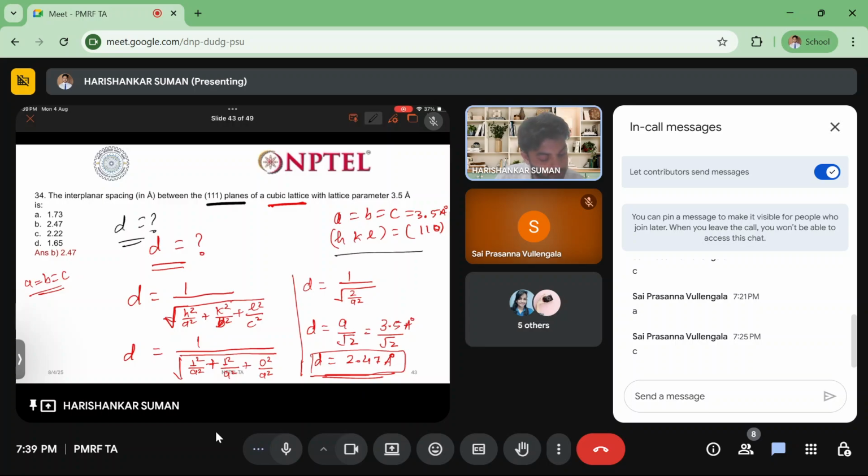You can use this relation: 1 upon d squared equals (h square plus k square plus l square) upon a square, with the lattice parameters. Then put the values of h, k, l and a, and you will get the value of d, the interplanar distance between the planes.